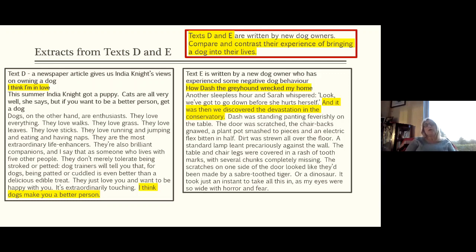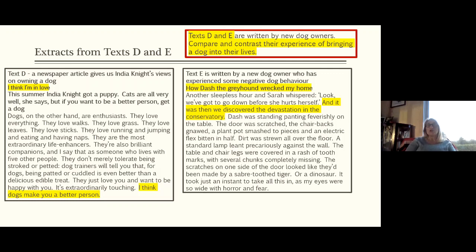The next one is written by a new dog owner who has experienced some negative dog behaviour, and his surname is Dilger. How Dash the Greyhound wrecked my home. Another sleepless hour, and Sarah whispered, "Look, we've got to go down before she hurts herself." And it was then we discovered the devastation in the conservatory. Dash was standing panting feverishly on the table.